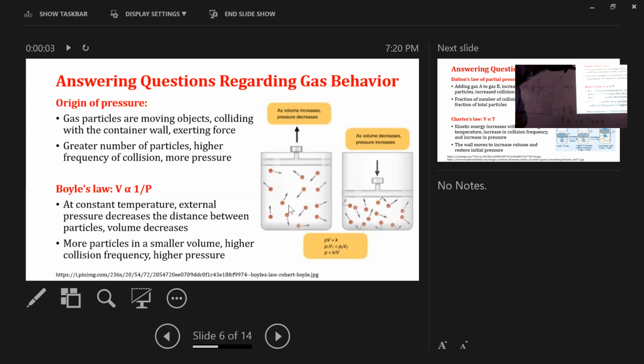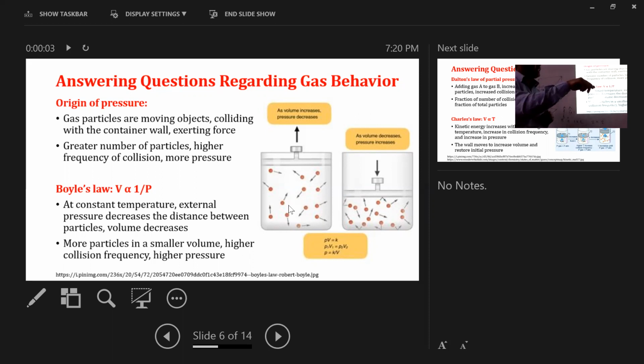So exactly the same thing. This is a piston. By pressing this piston from the top, we can apply force, that means external pressure.